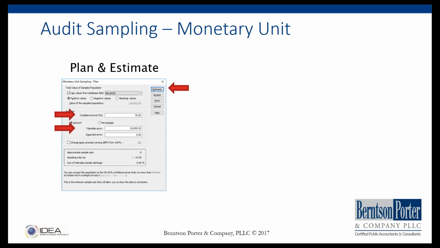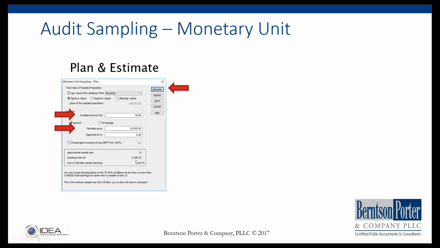And so once you have this, you just click this estimate button, and you'll see that down in this grayed out section, it has completed itself. So initially it was 0, and so now IDEA is updated and saying, okay, well, based on confidence level of 70%, tolerable error of up to 10,000, your sample size could be 15 with a sampling interval of 8,588.